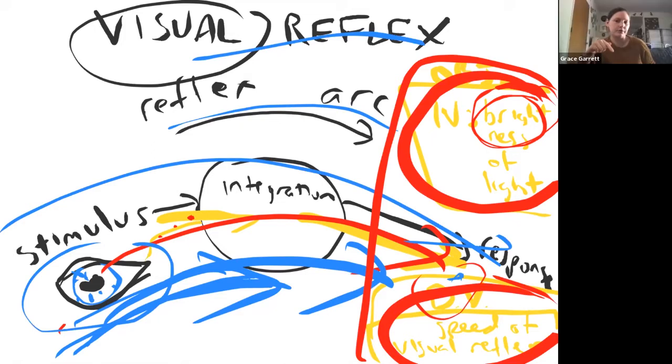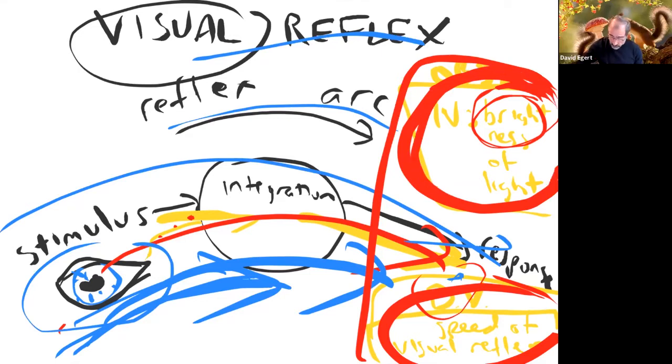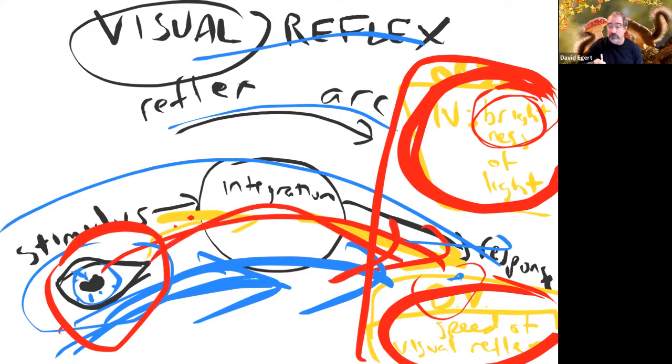So the cones process the bright light, so therefore the bright light processes faster. Right. So if the light is brighter, you're in cone vision, and cone vision is processed faster, so we're going to have a faster reflex.